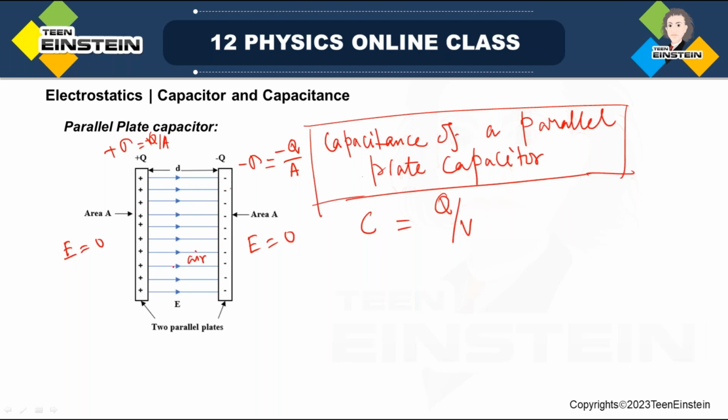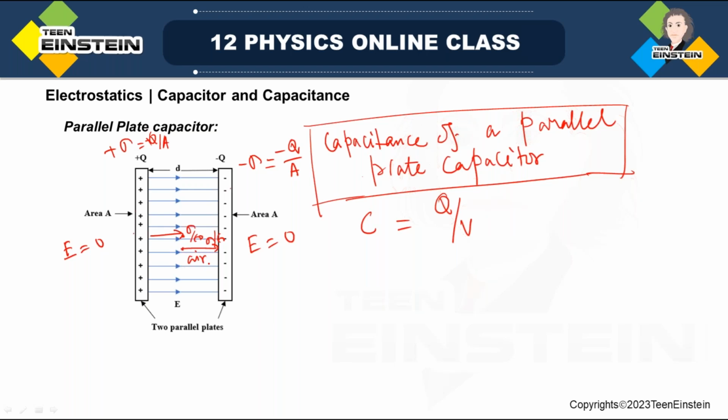At this position, due to the positive plate, the field is sigma by epsilon 0, and due to the negative plate, directed towards it, the field is also sigma by epsilon 0.